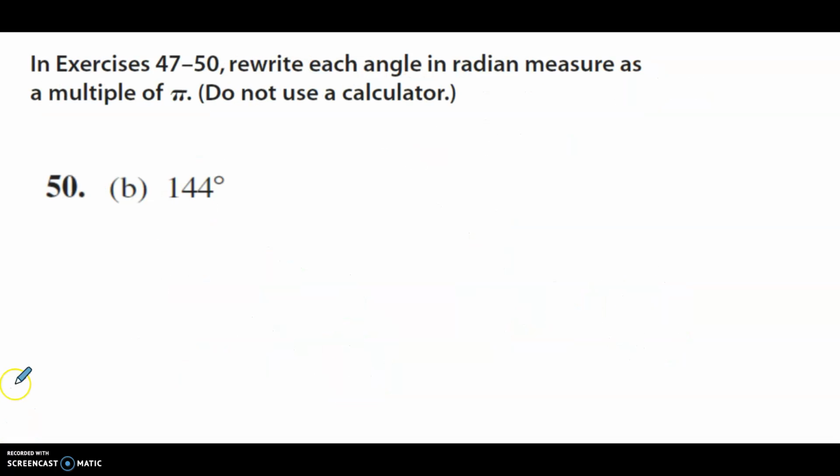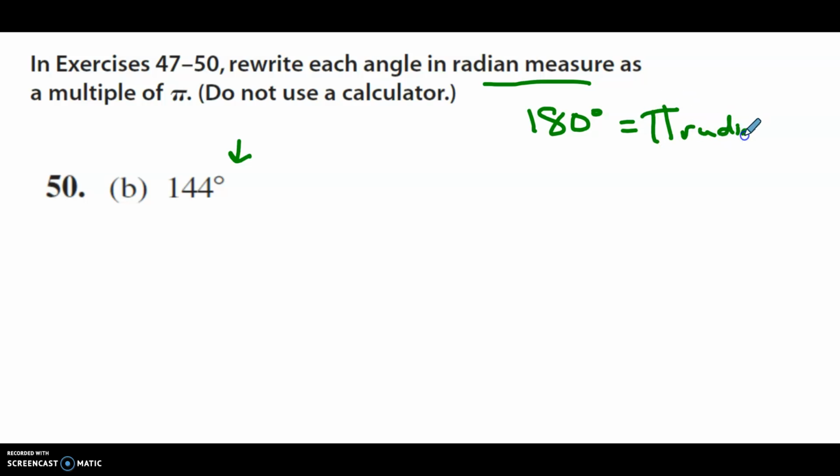Okay, next they ask you to rewrite the angle in radian measure as a multiple of pi. So they want me to convert. They're giving it to me in degrees. So this is when I have to think about the conversion: 180 degrees is equal to pi radians.